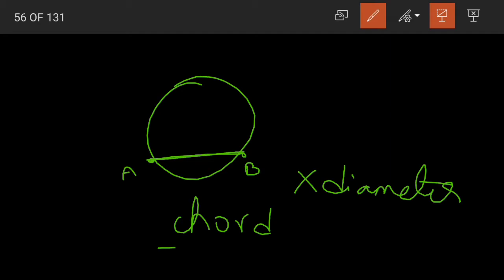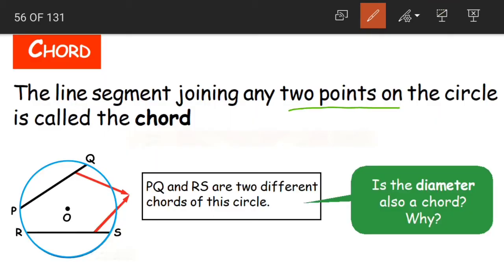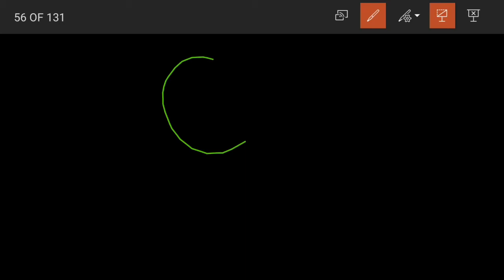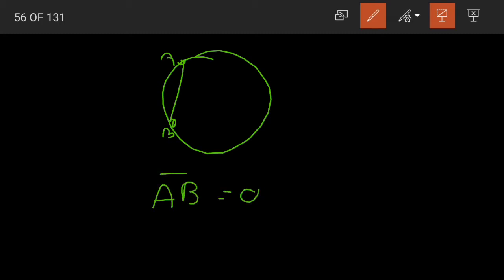C-H-O-R-D. So a chord is just a line segment which is joining 2 points on a circle. Like for example, even this can be a chord. It is joining 2 points A and B on the circle. So the line segment AB is nothing but a chord.